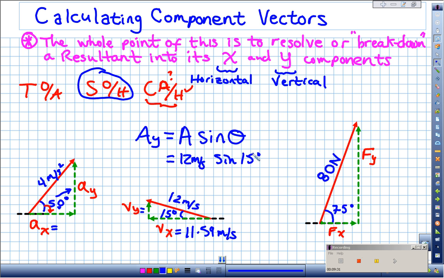And if I multiply that by 12, then I get a value in the y direction of 3.11 meters per second. And the case is similar for this example, and I can leave that up to you to try to solve.